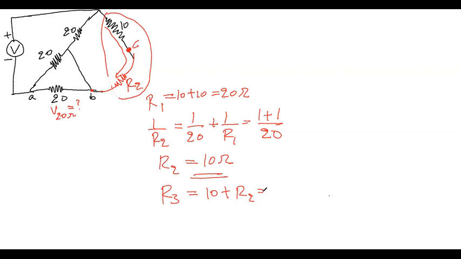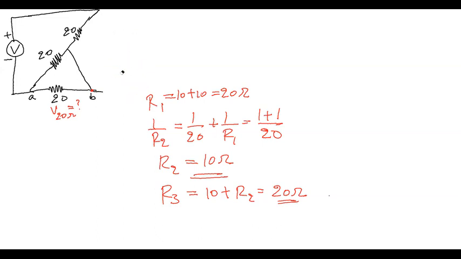Of course, R2 is 10, and 10 plus 10 is 20 ohm. So I will replace the 10 ohm resistor and R2 with a new value, which is R3.